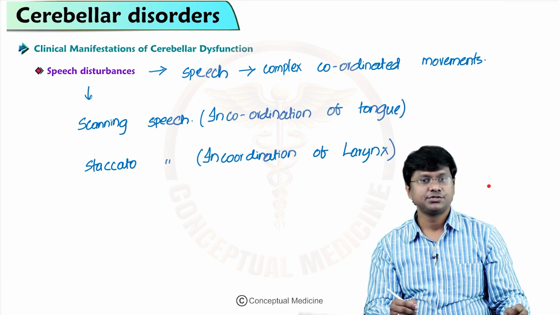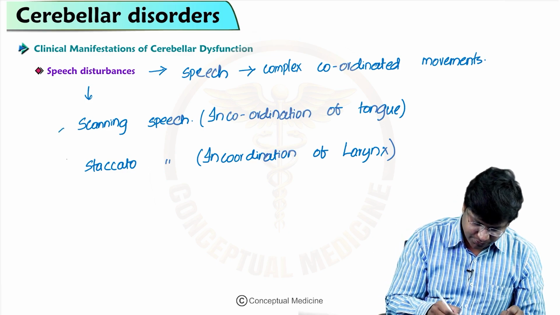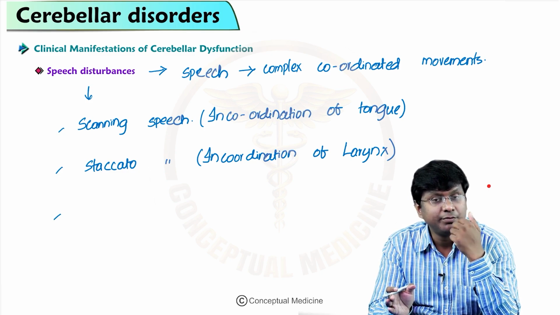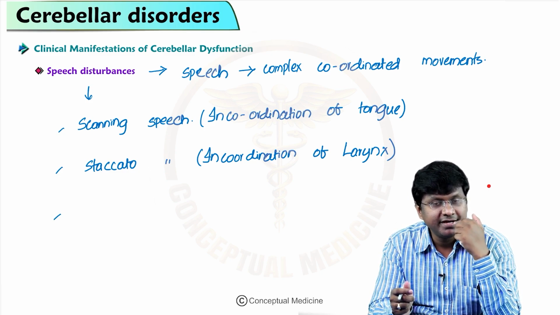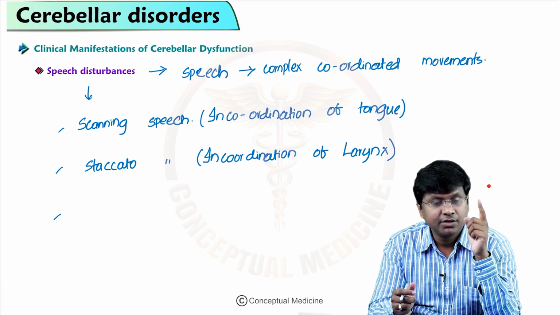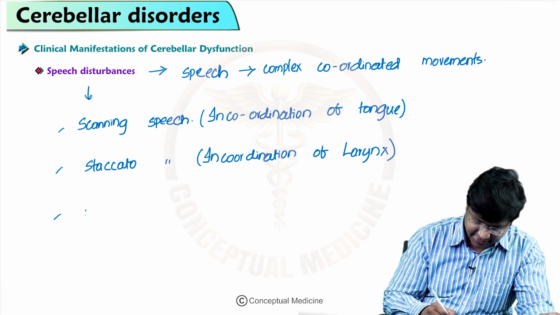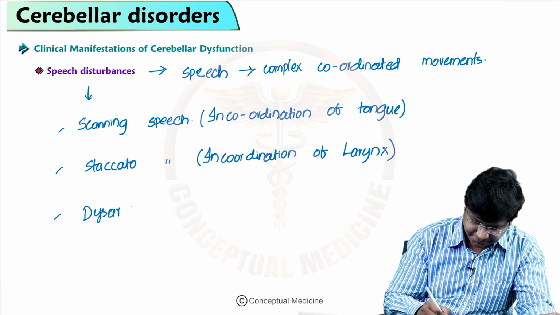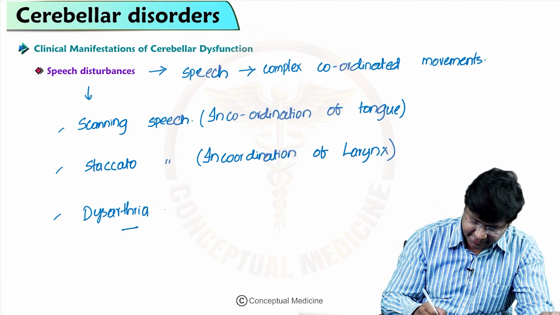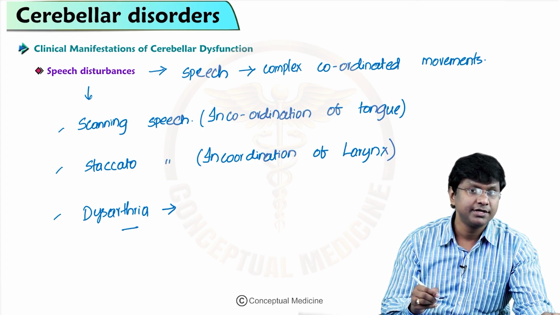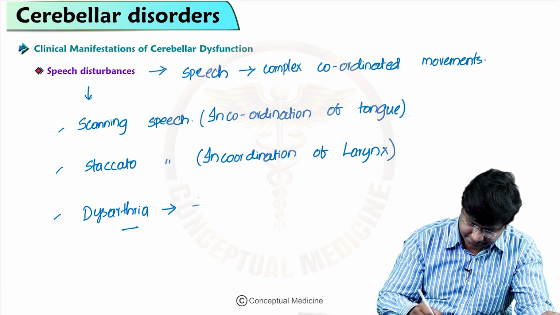There is difficulty in the movement of the tongue also, because the muscles of the tongue maintain the articulation by the coordinated movements of the cerebellum. So in these individuals there is dysarthria, and this dysarthria is produced due to incoordination of the muscles of articulation.